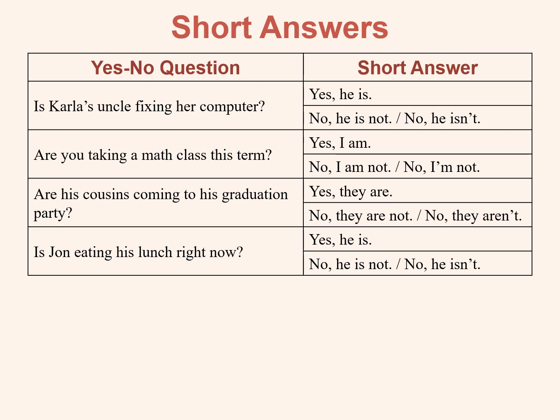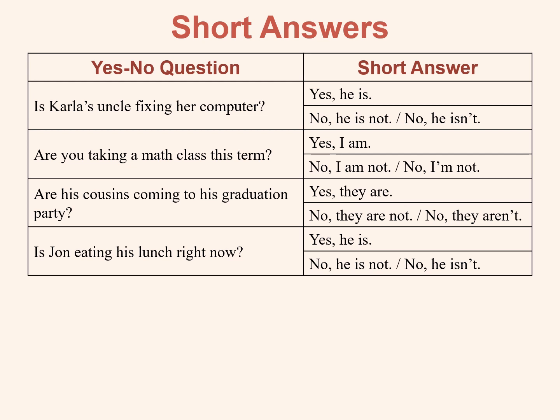In the second example, we have, are you taking a math class this term? So then affirmative, yes, and because the person's asking you, you answer I, and then the appropriate form is am. Yes, I am. Or no, I am not, or no, I'm not. The next example, are his cousins coming to his graduation party? Yes, they, because cousins is plural, his cousins.